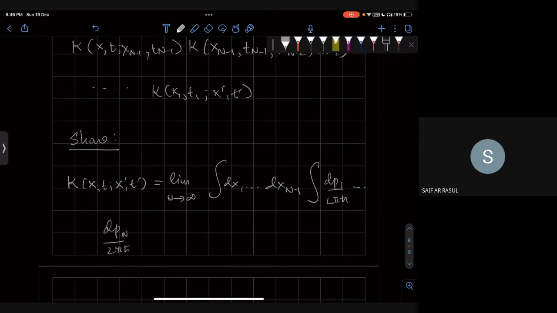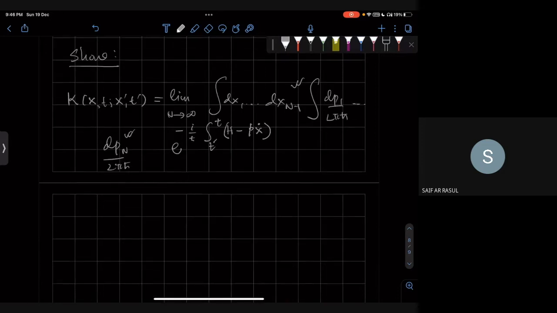So the number of integrals over p is one more than the number of integrals over x, and the integrand is the exponential of minus i over h bar times the integral from, say, t prime to t of the Hamiltonian h minus p x dot, okay?